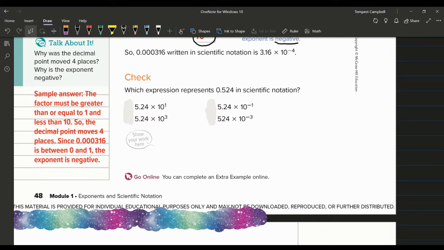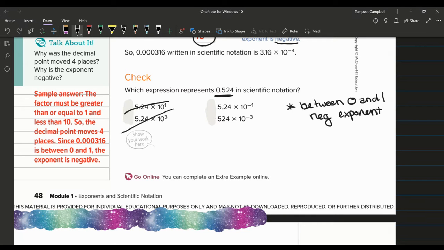Now that you've tried it on your own, let's look at this. We're trying to write this in scientific notation. First off, we know that it's between 0 and 1. So that tells us we get a negative exponent, right?